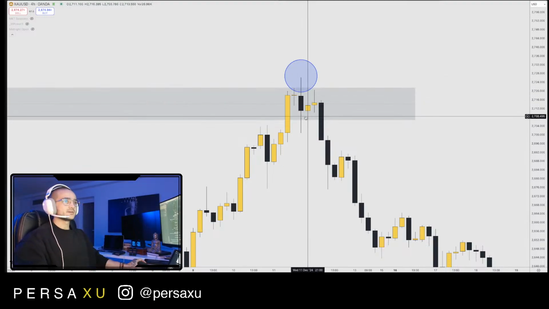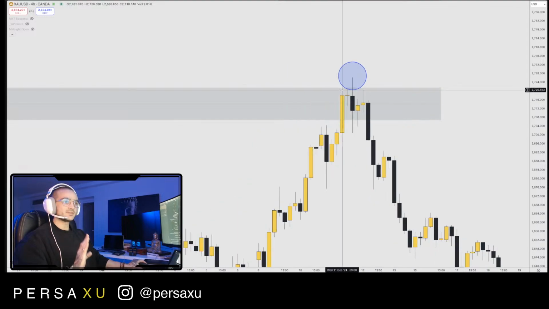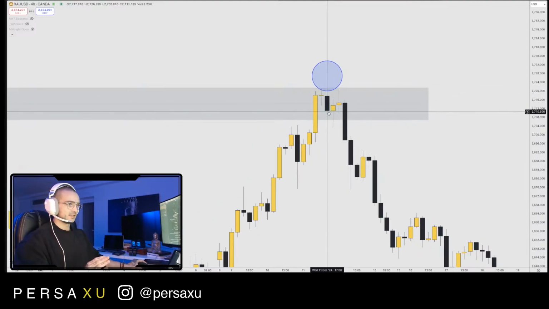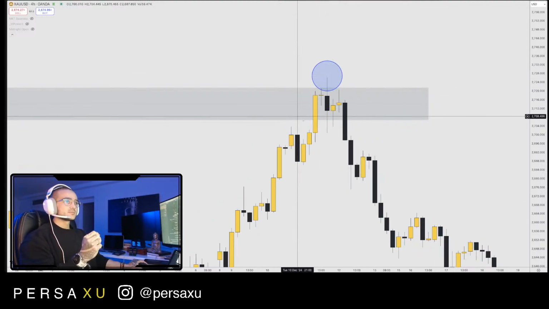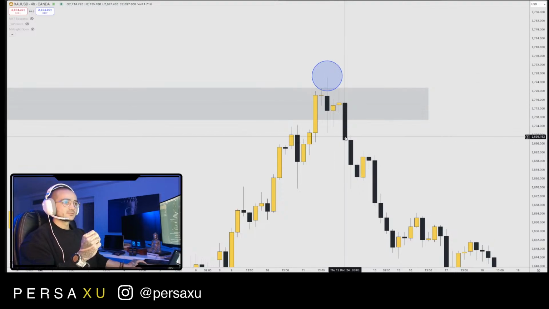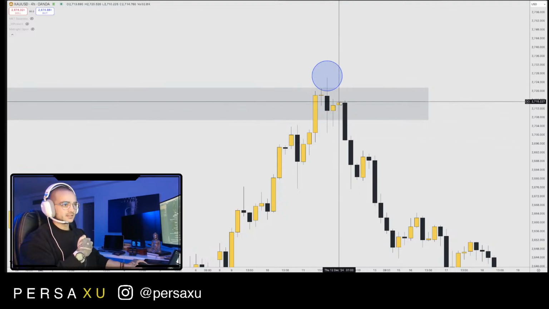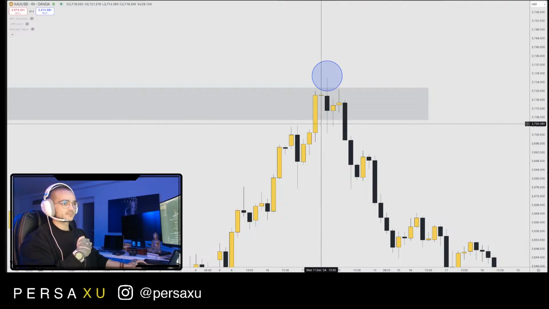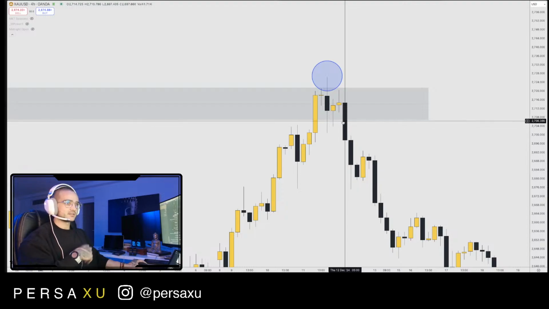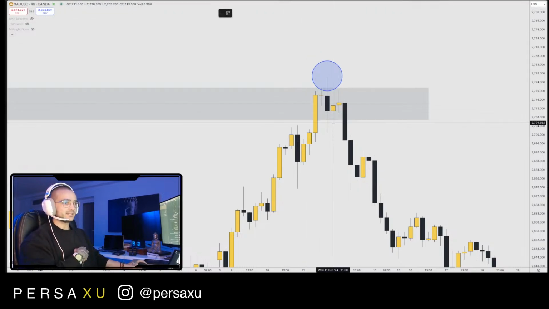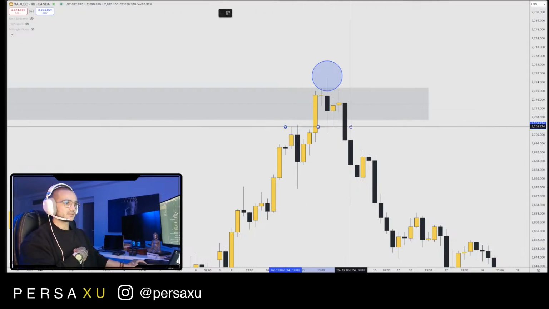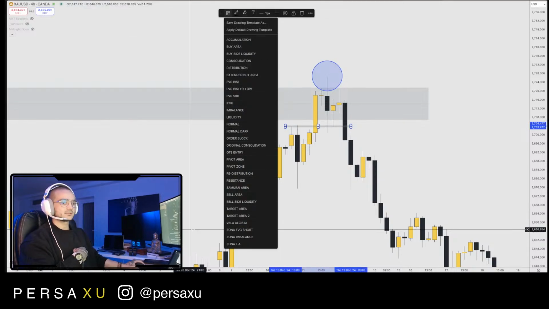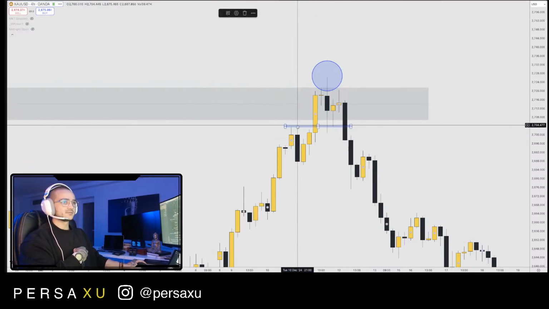That tells you a lot. It doesn't say everything yet, but it tells you a lot. The confirmation of this manipulation is this bearish candle that is now violating the bodies of these 3, 4, 5 candles. This bearish candle, it's failing to retest or to bounce at these levels.